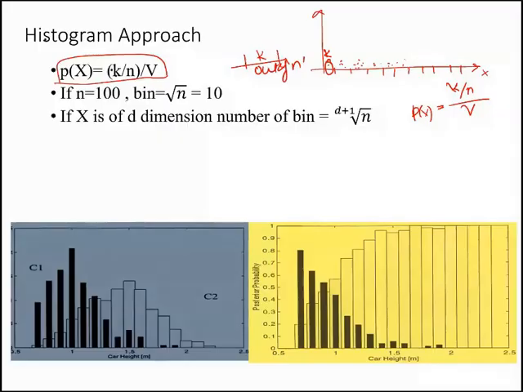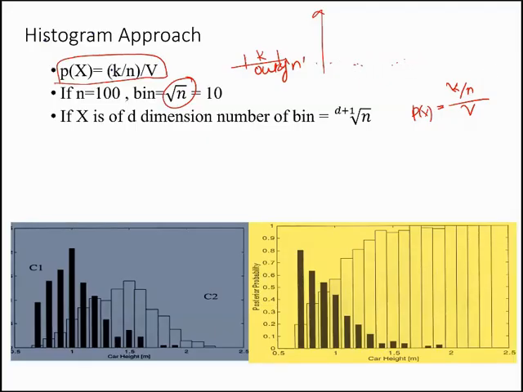Now you can do this thing, it's very simple, and there is a thumb rule of doing this. Say for example, if I have 100 samples in total, then the number of bins must be at least 10. Okay, so square root of n is the rule to decide the number of bins. If there are 100 samples, you will have 10 bins. Then you can divide this scale in say equal sections with 10 bins.